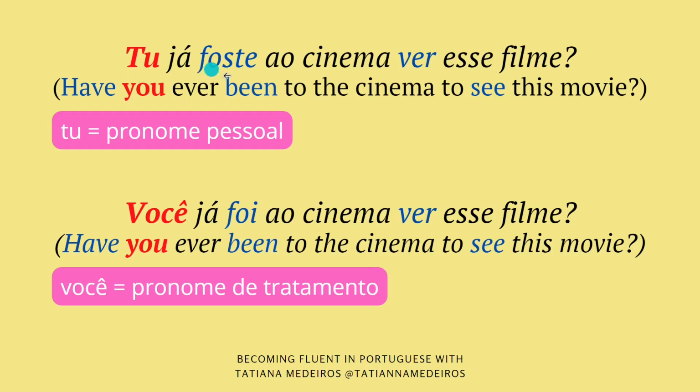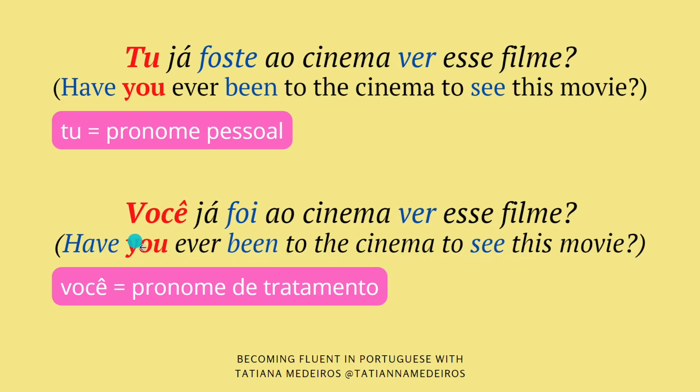Tu já foste ao cinema ver esse filme? Have you ever been to the cinema to see this movie? Tu is a personal pronoun, pronome pessoal. Você já foi ao cinema ver esse filme? Have you ever been to the cinema to see this movie?